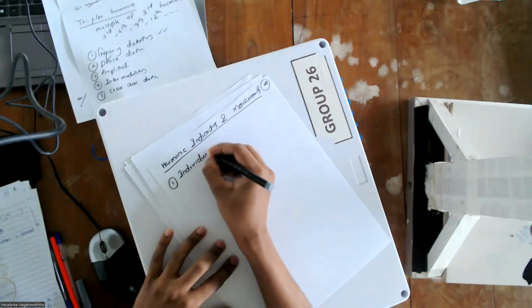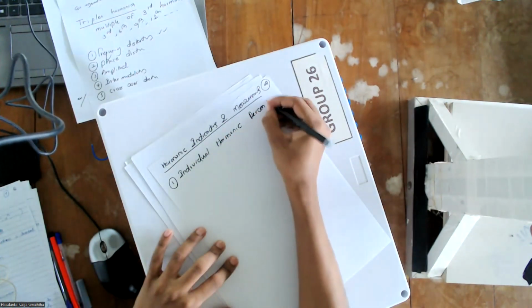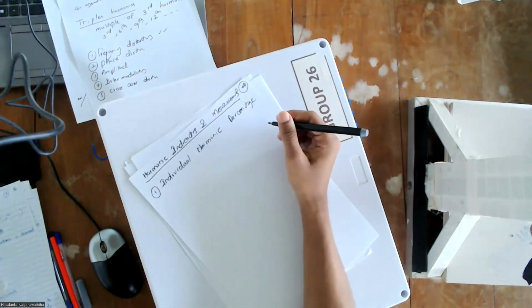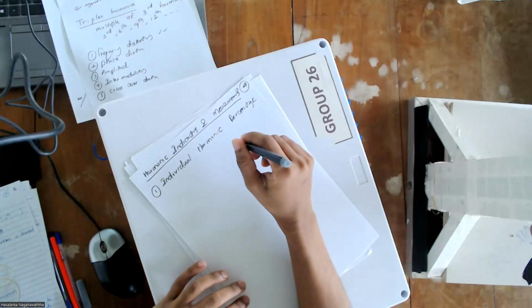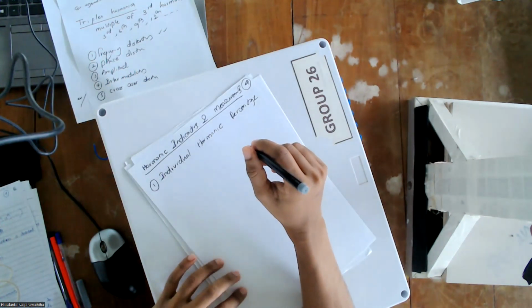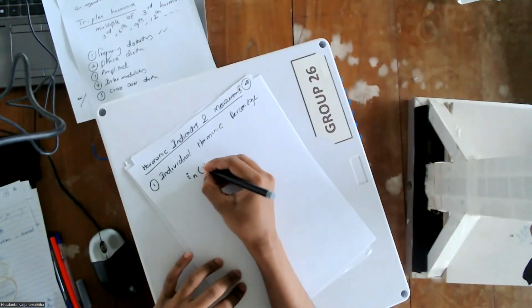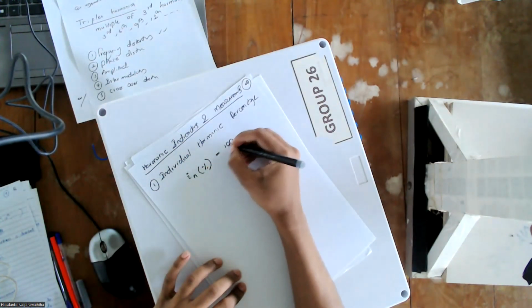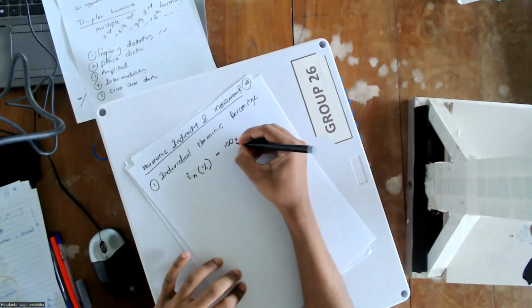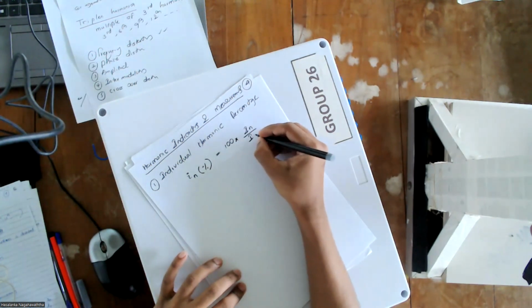Individual harmonic percentage. The term is the amplitude value of a particular harmonic, In, expressed in relation to the fundamental, I1, and the unit is percentage. You can denote it as 100 times In over I1.